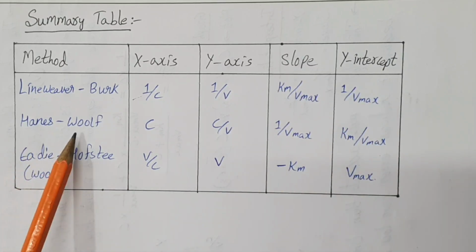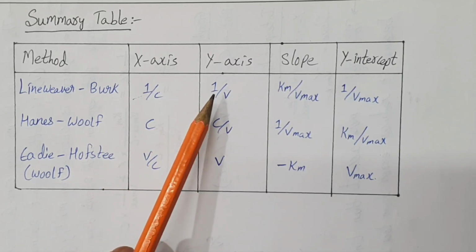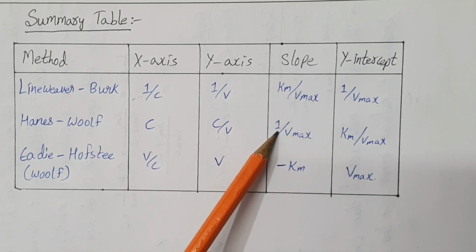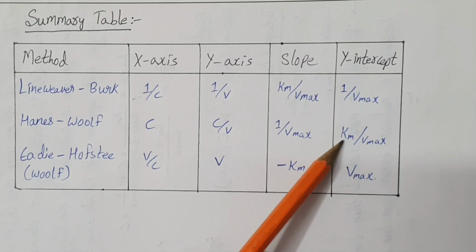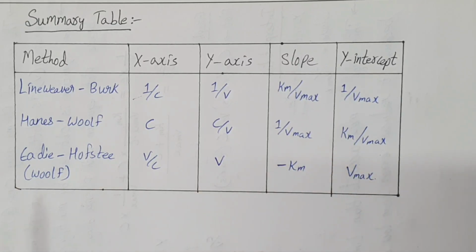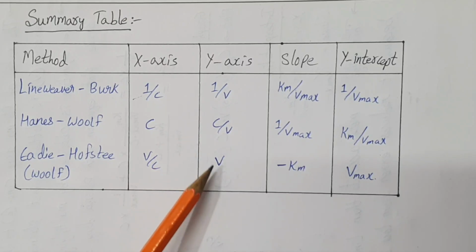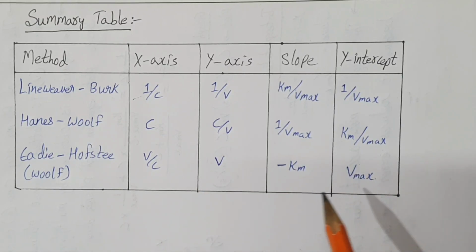In the Hanes-Woolf plot, on the x-axis we take C and on the y-axis C by V; slope is 1 by Vmax and y-intercept is Km divided by Vmax. And the last one, the Eadie-Hofstee plot: on the x-axis V by C and on the y-axis V; slope is negative Km and y-intercept is Vmax.